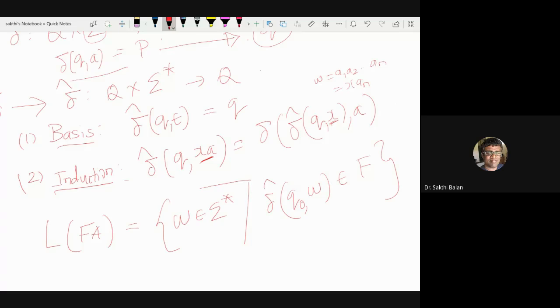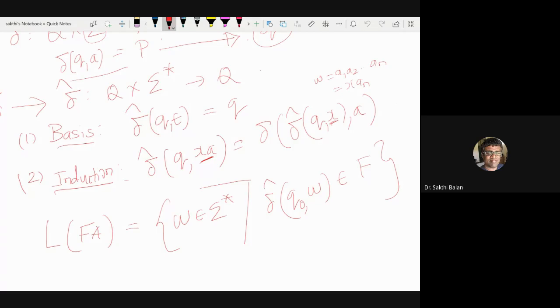So how will you read this? The language of FA is nothing but the set of all strings W over the alphabet sigma such that if you apply the delta cap function from Q naught comma the string W, you will end up in a final state. After reading all the symbols in W, you will end up in a final state.